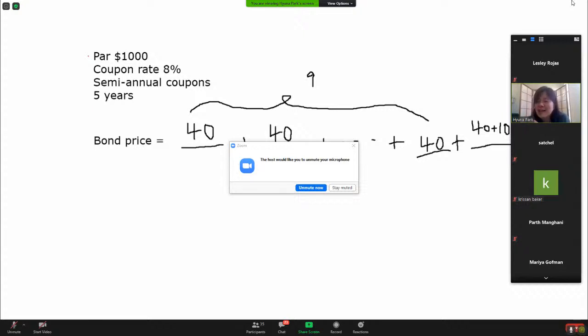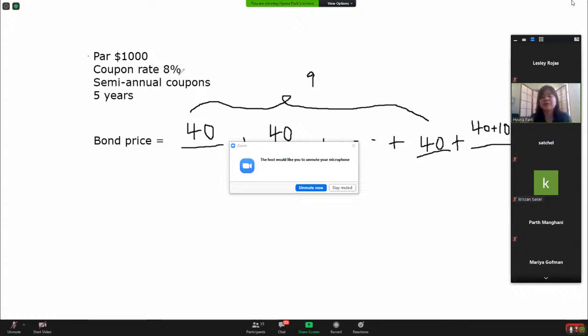It starts with Y. Yield to maturity is the discount rate. Someone may ask, the coupon rate is 8%, isn't it the discount rate? No, definitely not.